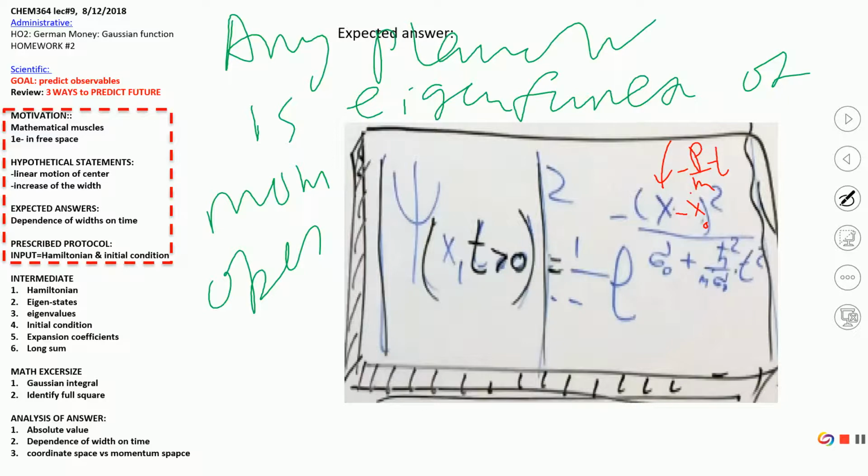After we do everything, we will get an expected answer. We will be looking not at the wave function as a final answer, but at the wave function squared, because that can be interpreted as you guys presented, right?